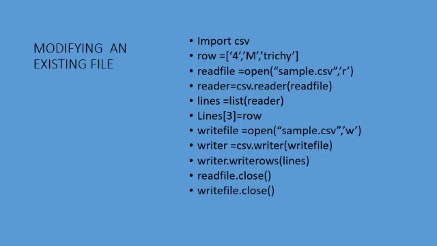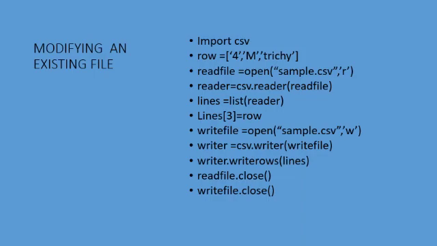Next, writer equal to csv.writer of write file. What will happen here? csv.writer is getting ready to write some data on write file, and that is stored in writer. Next, writer.writerows of lines. The writerows function is used to write many rows, and lines contains a new value.